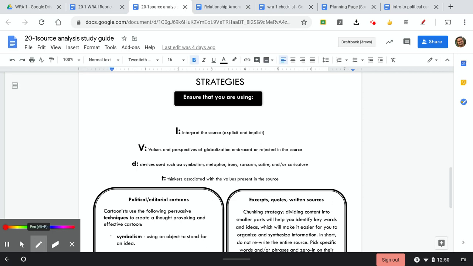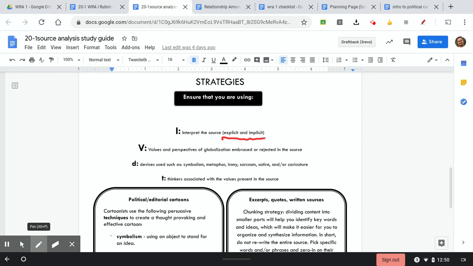As your writing style develops, you may do a different order. However, each one of these is significant to performing a proper source analysis. So let's start with I. This is interpret the source. This is our explicit and implicit information.